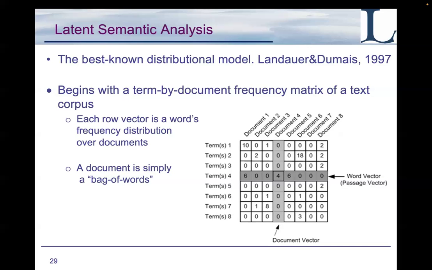The original method, known as latent semantic analysis, assumes that you have a corpus of documents, like books or articles, and then you have the terms for which you seek an embedding, and you basically count the occurrence of this term in the different documents.